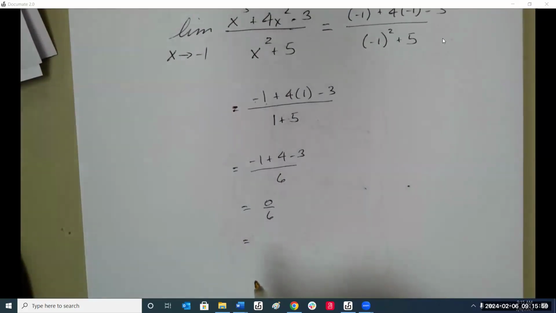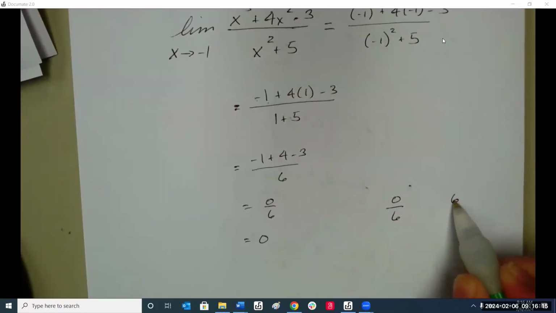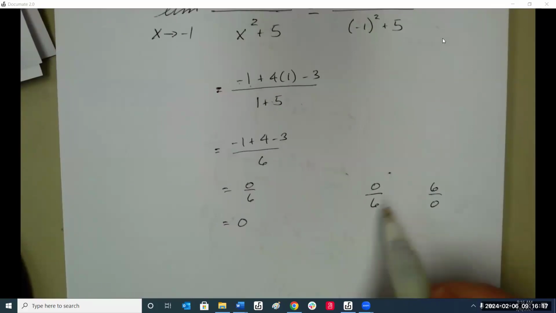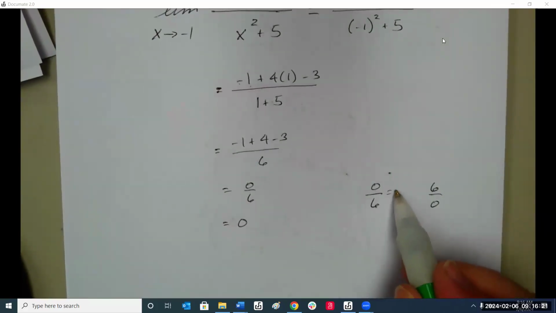Not in this class, you're going to use a calculator for this one. Okay, let's talk about that. So 0/6 as opposed to 6/0. How many times does 6 go into 0? It doesn't.